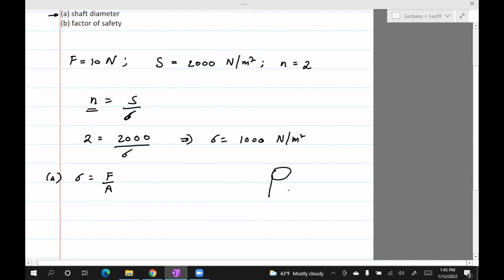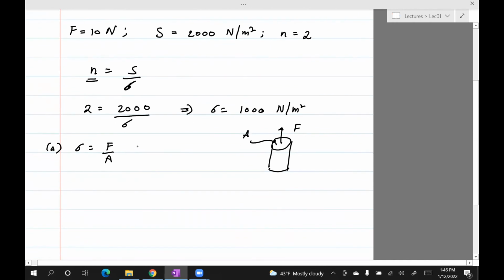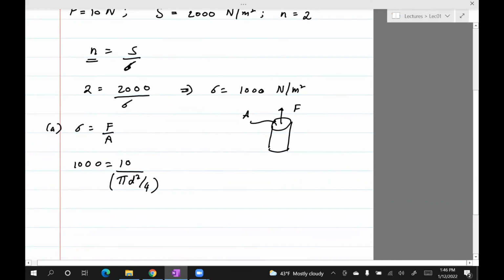If you have a shaft, it's subjected to a force, and this is the cross-section area. Then the stress is given by F divided by A. So stress is 1000, force is given as 10. The cross-section area in this case is pi d squared divided by 4. That's the area of a circle.